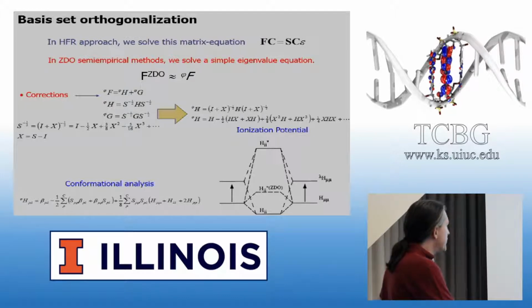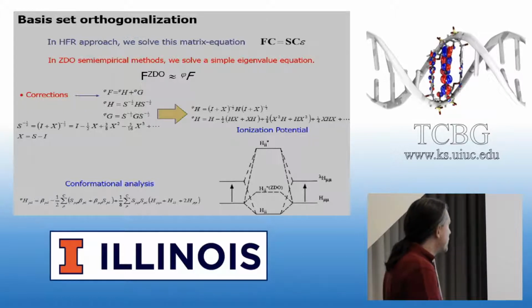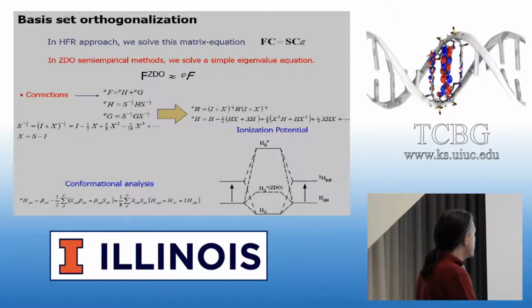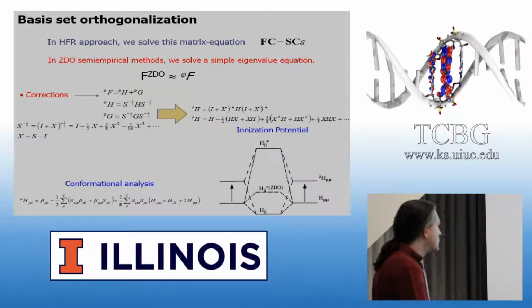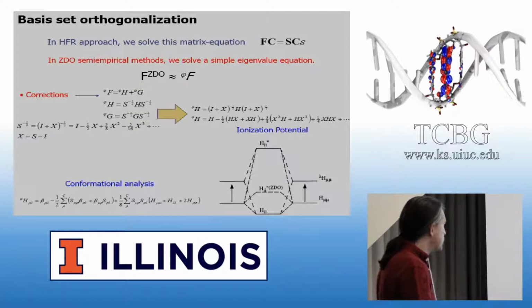Semi-empirical theory considers the Fock matrix, when they did the ZDO approximation, as the transformed Fock matrix. And the problem is that you avoid the S matrix, the overlap matrix, and this approximation causes some problems in the description of your molecule.